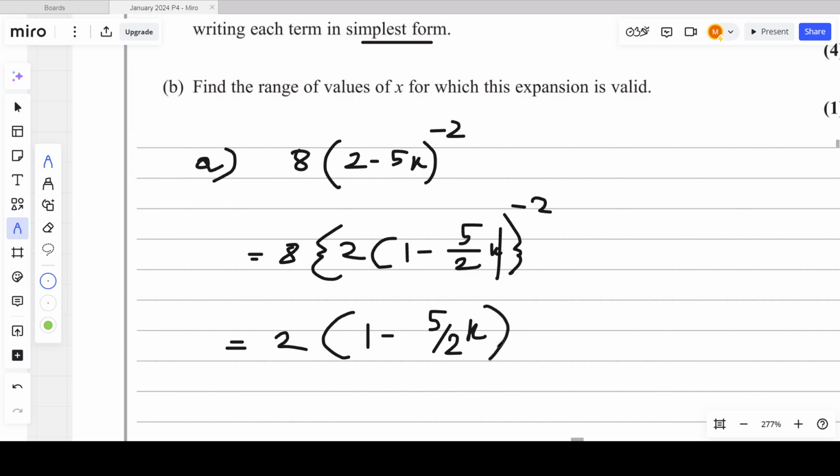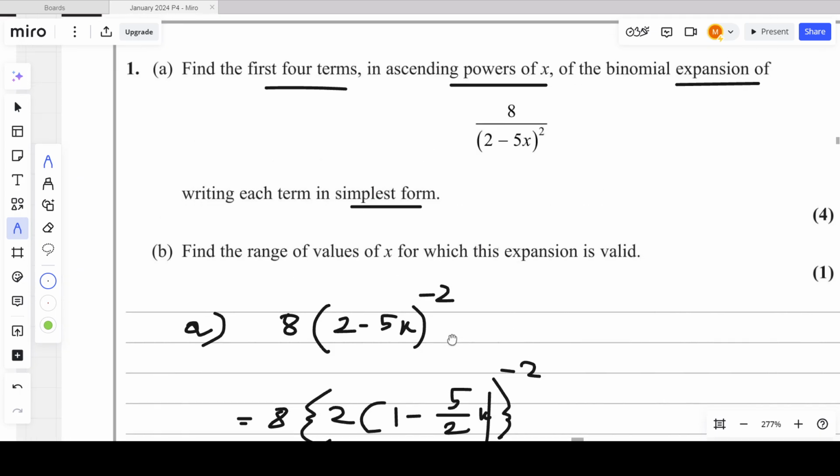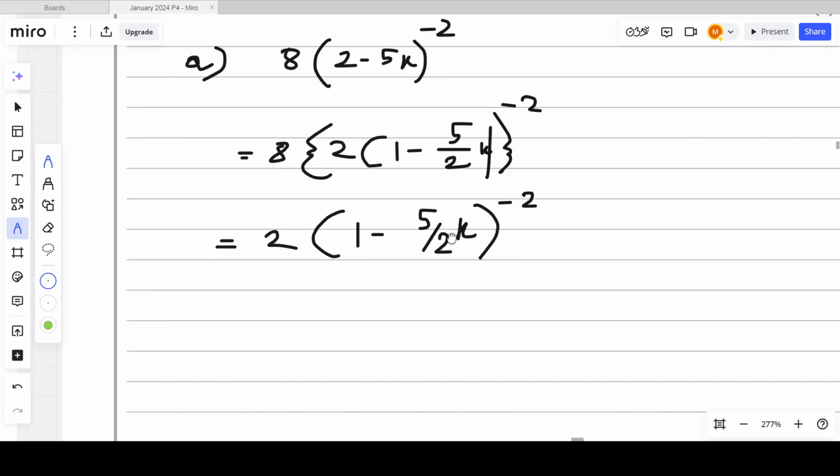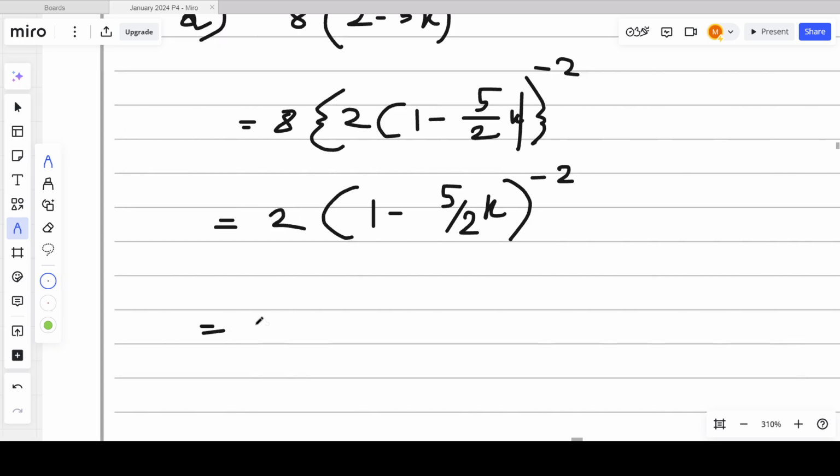Now we need to expand this, its first 4 terms. At first, the 2 is multiplied with the whole expansion. The first term would be 1 to the power -2, which is 1 as it is.